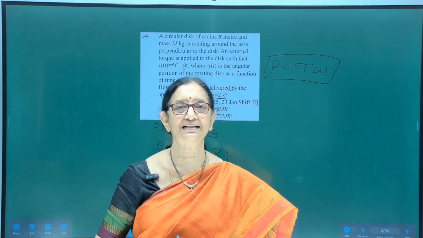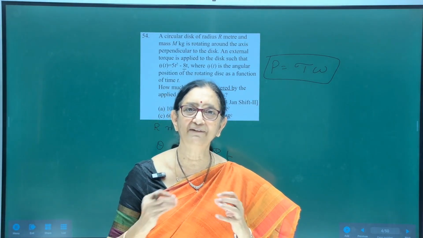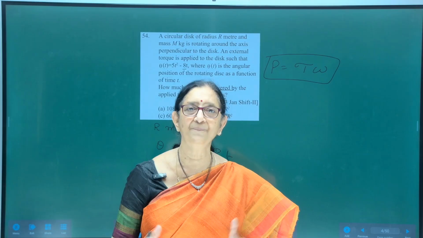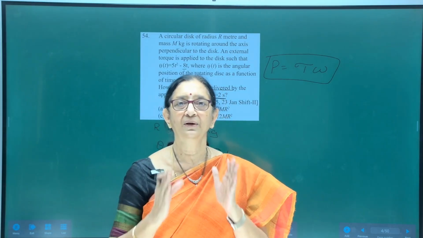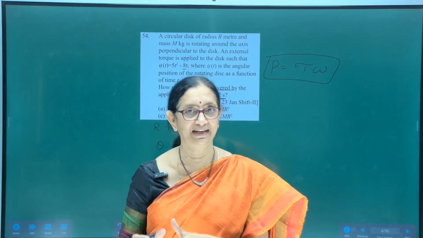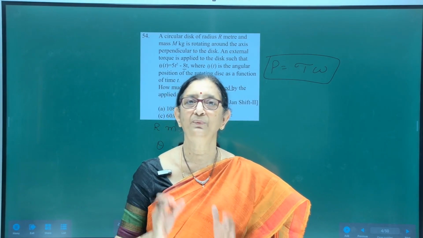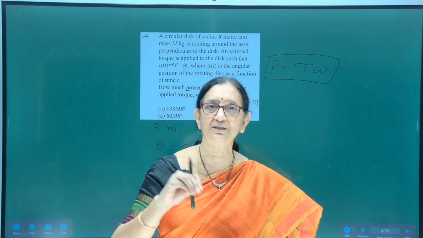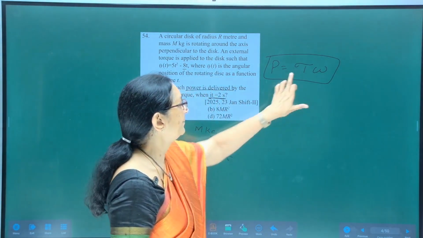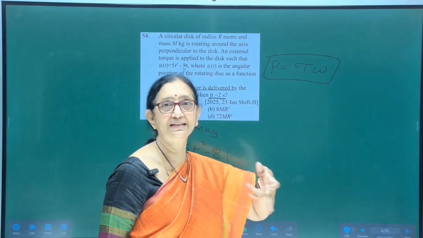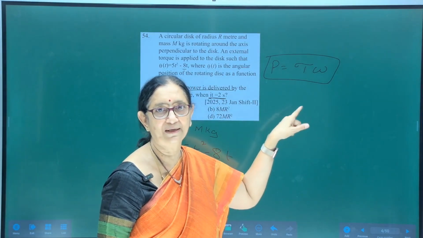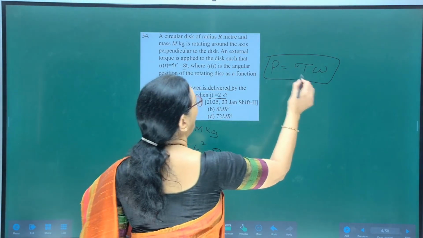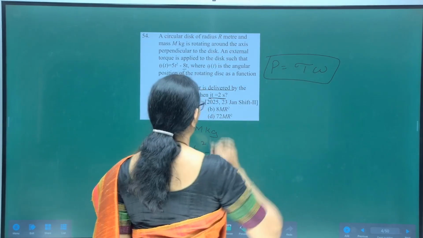In translatory motion, power delivered by a force which maintains the velocity of the object uniform is P equals Fv, where F is the force applied and v is the uniform velocity maintained by the applied force. Now, applying the analogy, the counterpart of force in rotatory motion is torque, and the analogy for velocity is angular velocity. So power here becomes torque into omega.